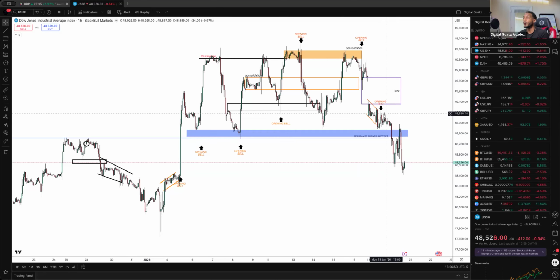Now we can talk about the fundamentals that maybe made this market sell off like that. We could talk about how Trump is still threatening to do tariffs against the EU. We can talk about how Warren Buffett retired during December, so that was his last month, so going into the new year, Warren Buffett is not part of his company anymore.